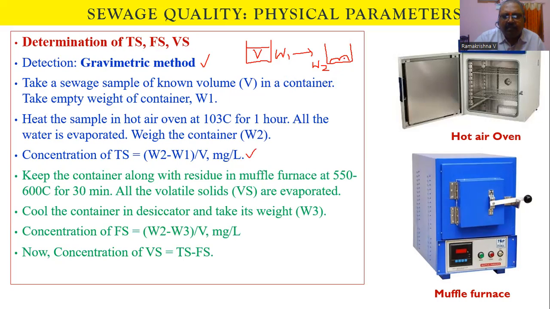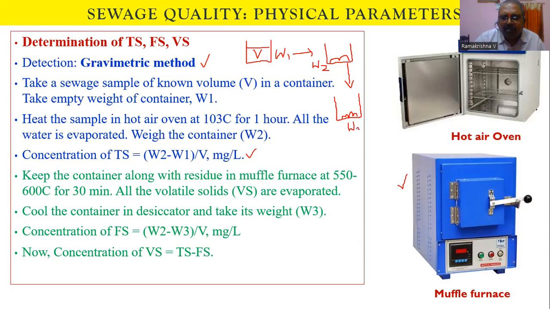And this sample is still there in this container. This we keep in a muffle furnace where temperatures can go up to 1000 to 1200 degrees centigrade. So this is your muffle furnace. Now you keep this into the muffle furnace, and at 550 to 600 degrees centigrade, the volatile solids are driven off, they get evaporated, leaving only the fixed solids.